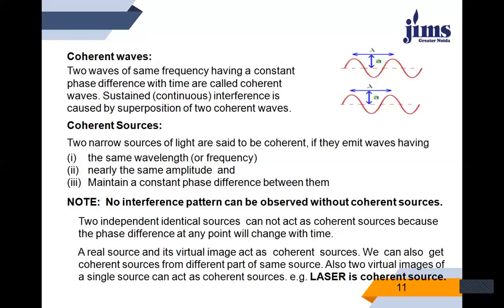Now the question is, how can we produce coherent sources? Suppose we have two identical sources, but they are independent of each other. They cannot act as coherent sources because the phase difference at any point will change with time.